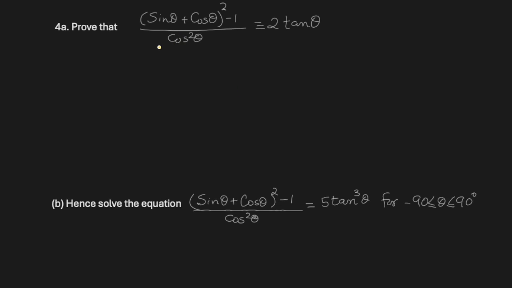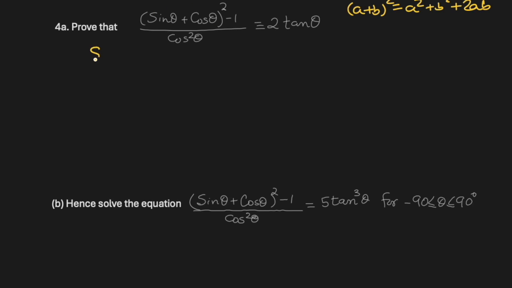Question number 4, a part. Prove this identity. So we can see a square here, so that makes our job easy. We'll just square this. So you may know the identity (a plus b) whole square is a square plus b square plus 2ab. That is the identity I'm going to use here while opening this.